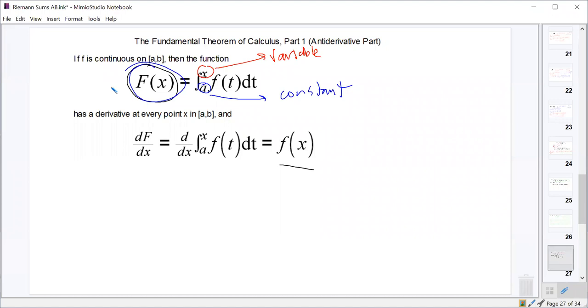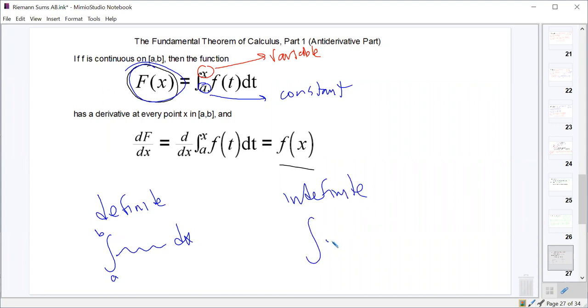I'll be able to explain it more as we get into the other parts of the fundamental theorem of calculus. But there's a distinction between a definite integral, which has an a and a b to it, and an indefinite integral, which is an integral of some function dx without limits on it.